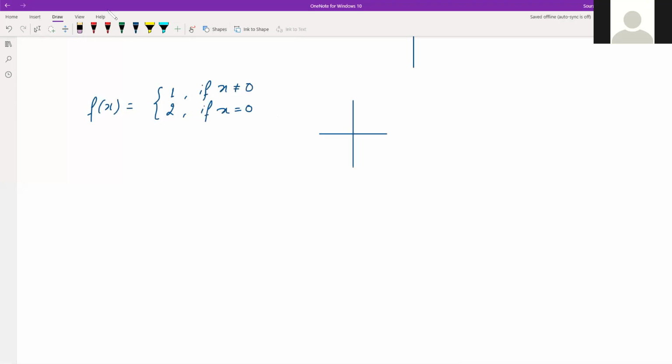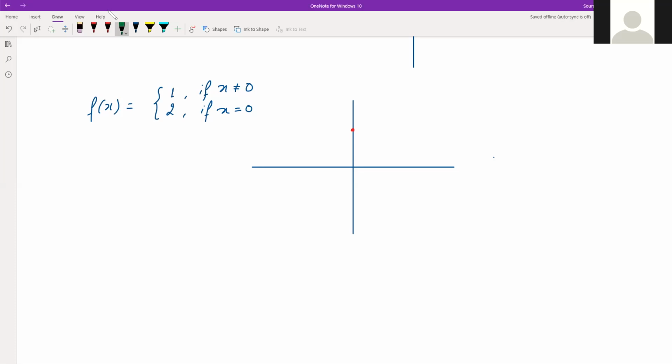If I draw the graph for this, it says if x is not 0, it will always be 1, but at x equals 0, the value will be 2. So first thing is that at x equals 0, its value is 2. And at all other points other than x equals 0, its value is 1.